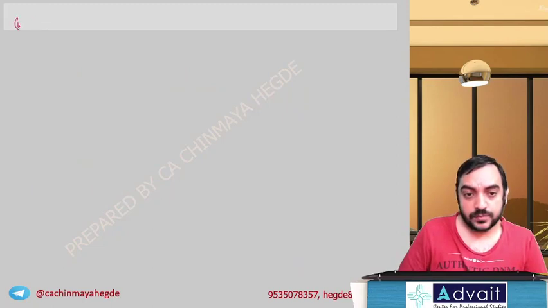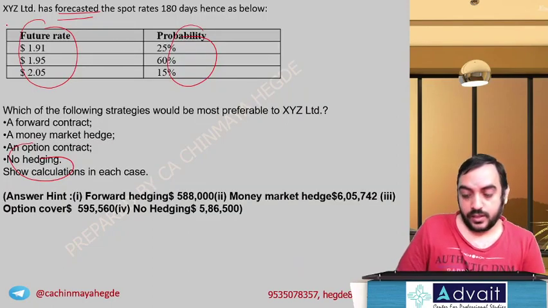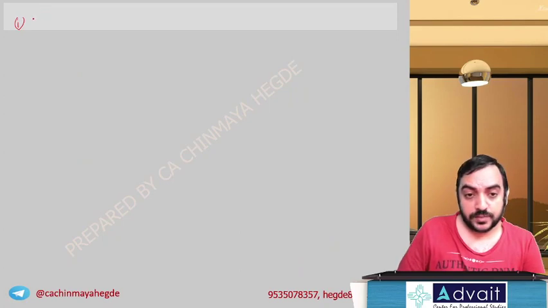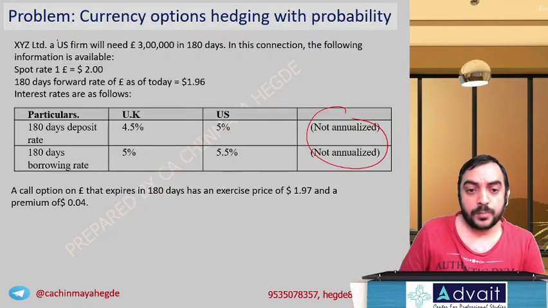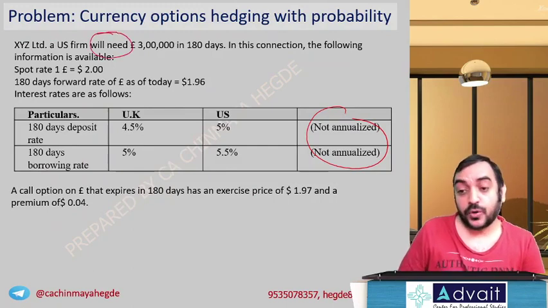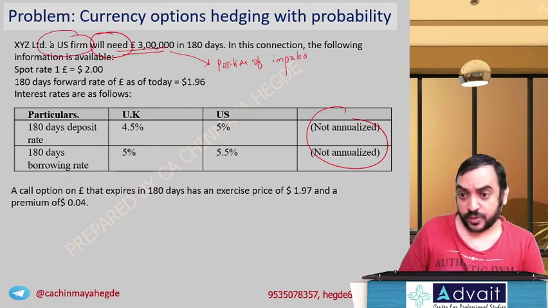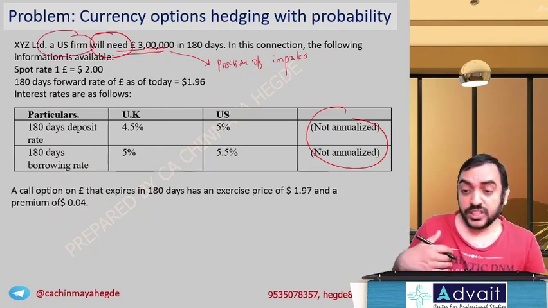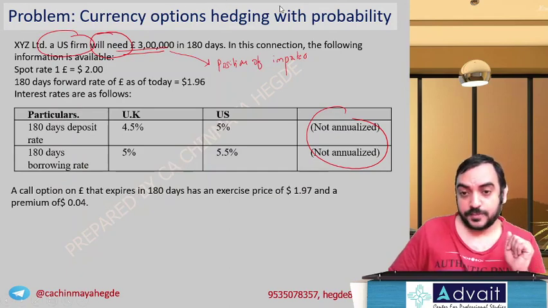First is forward contract. You're talking about a person who needs 3 lakh pounds. So this is again a position of importers who need pounds, because you're talking about a US firm.